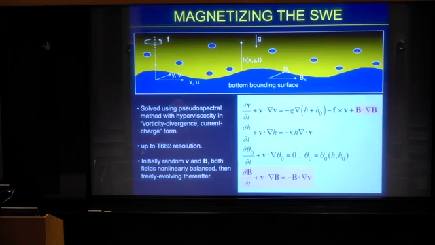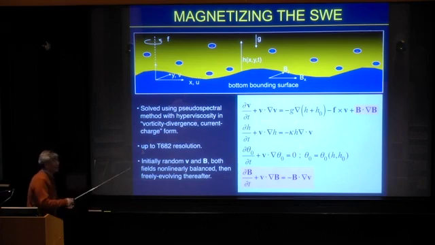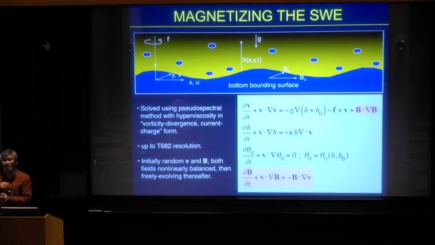Okay. And then a word about how we initialize the calculation. We're initializing the flow by randomly stirring the flow at very small scales. We do that in spectral space by randomizing the phase and the amplitude.